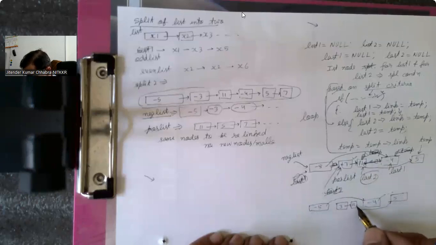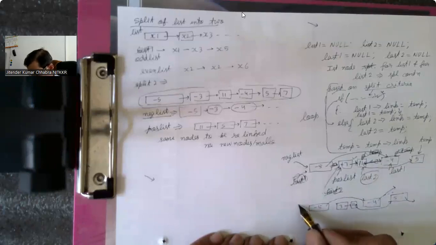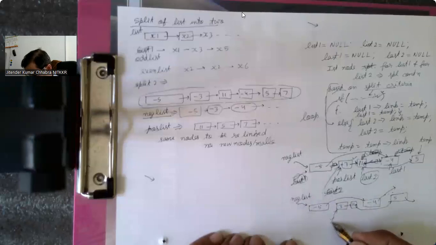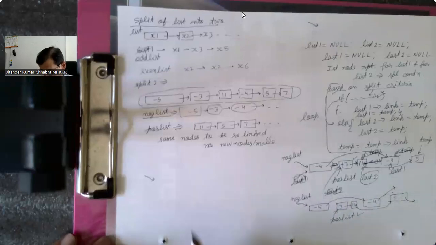So you can see your list is automatically splitting based on this logic. And this is your negative list, initial pointer. This is your positive list, initial pointer. So this way your split can be done.